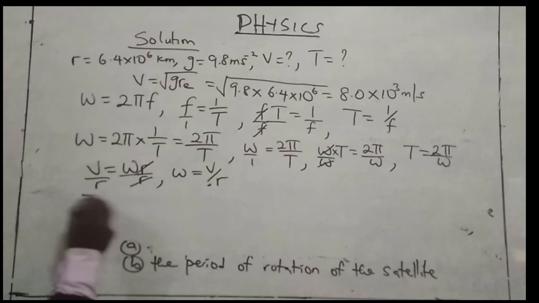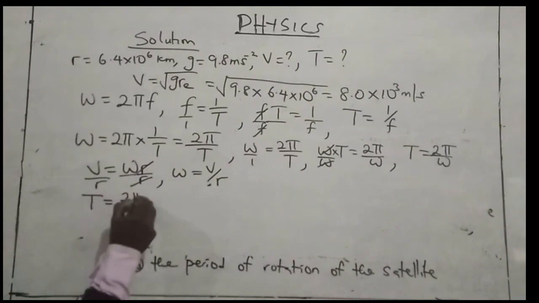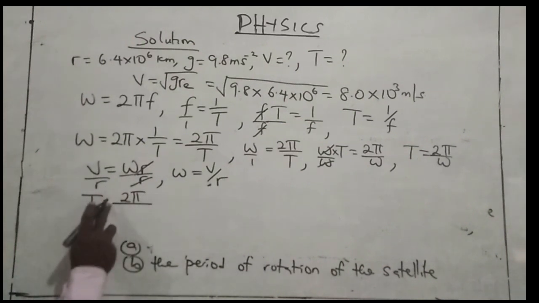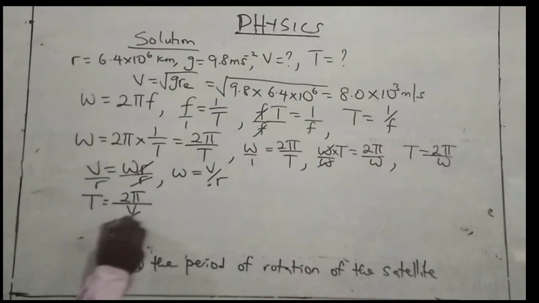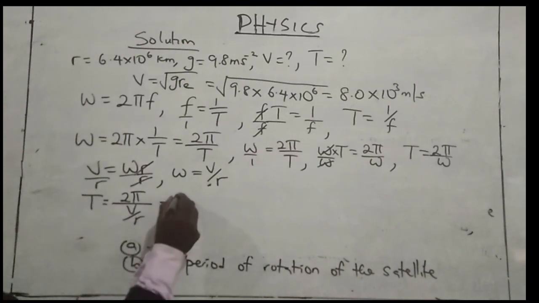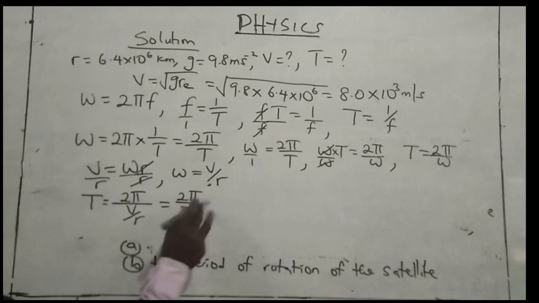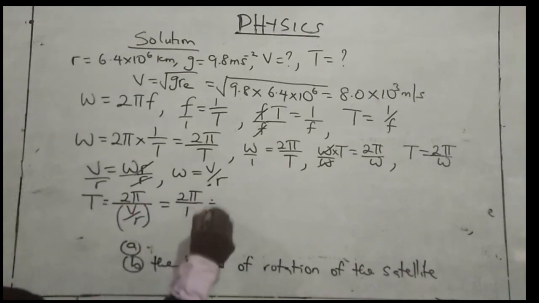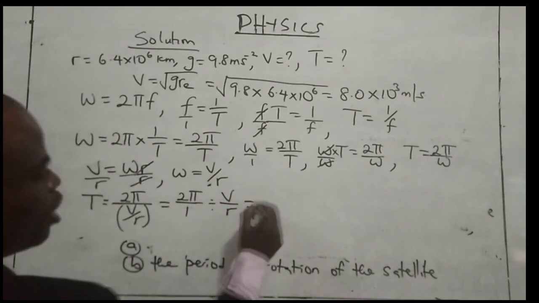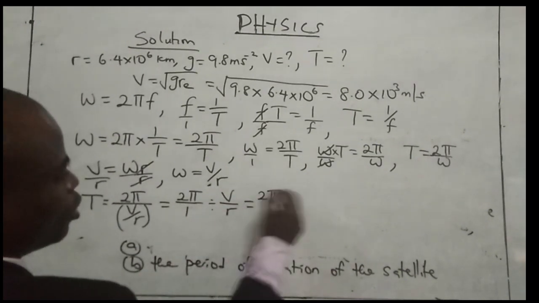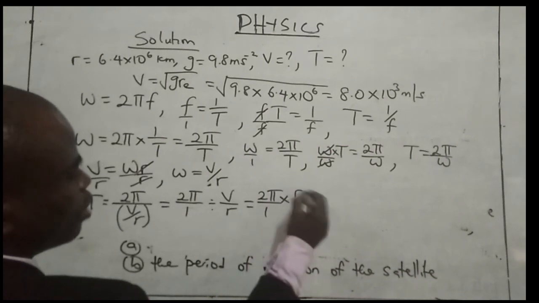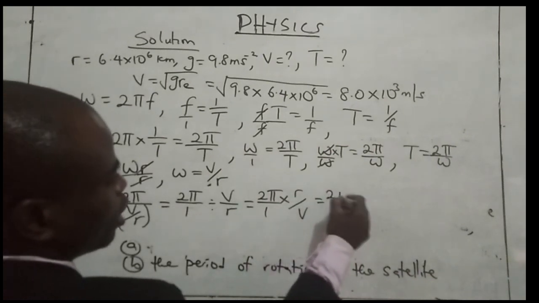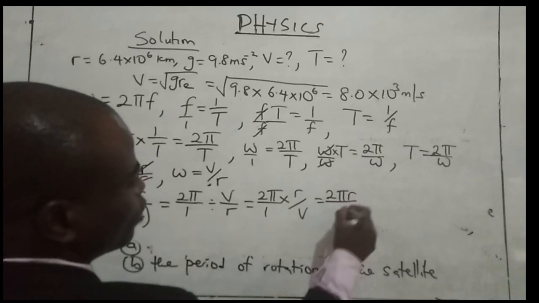Go back to your period. T equals 2 pi divided by v over r, which is 2 pi over 1 divided by v over r. Change division to multiplication, and the radius goes up: 2 pi over 1 times r over v, which is 2 pi r over v.